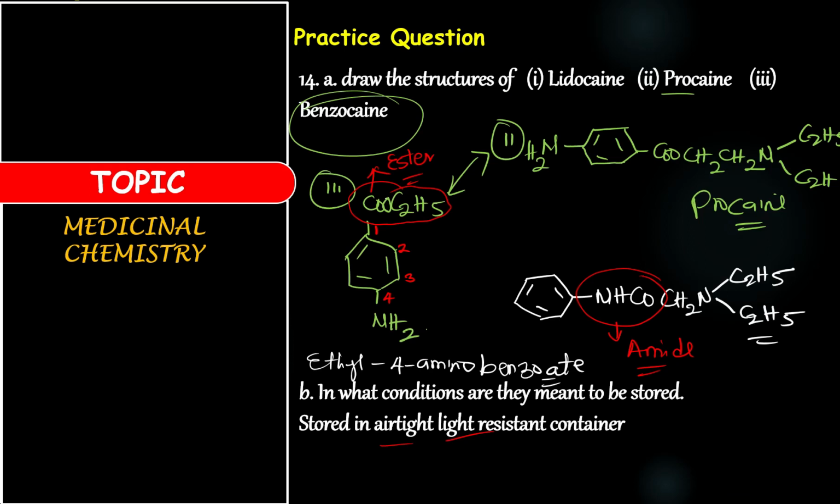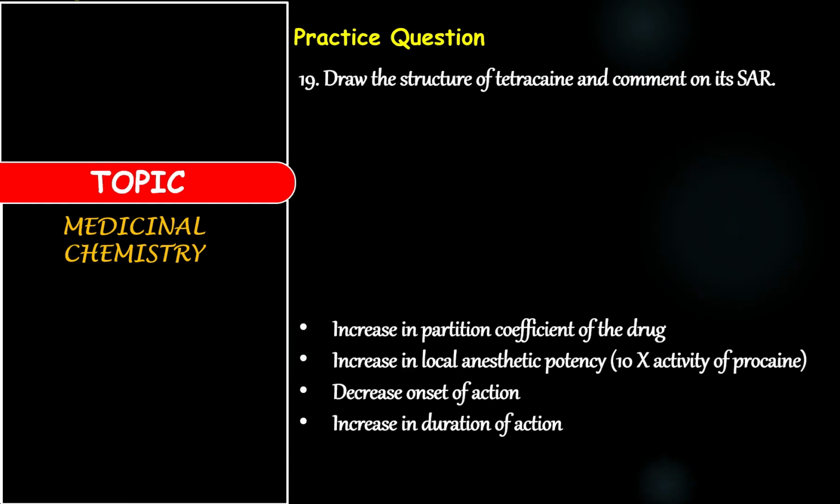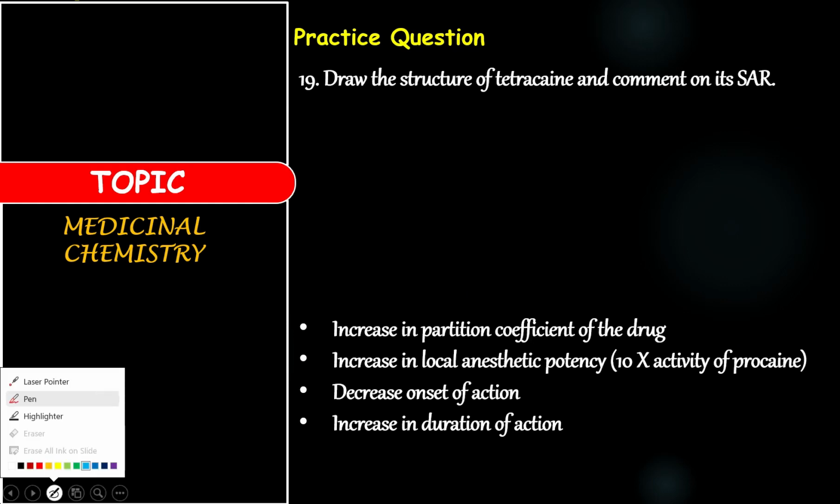Tetracaine is more like the structure of procaine, but the difference is that they change this H2 here to a butyl group, and then this C2H5 is now CH3.